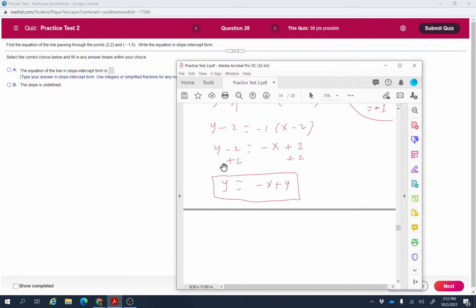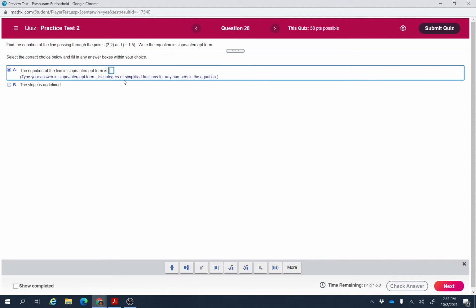Slope-intercept form means you want your equation in y equals mx plus b form, meaning you just want to keep y on the left side and bring everything else to the right side. So this is your slope-intercept form, which is y equals negative x plus 4.